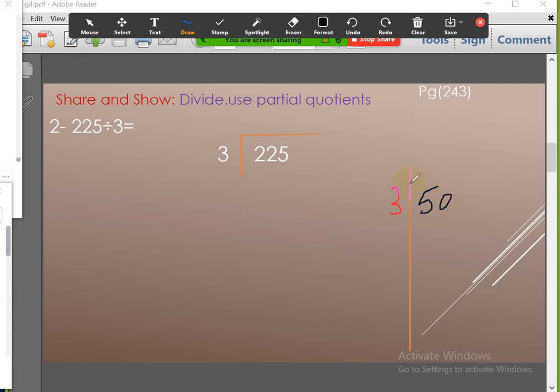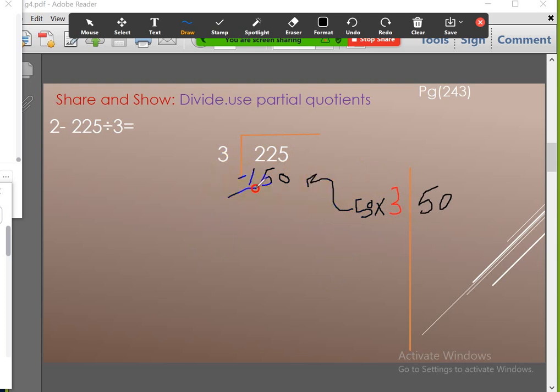Okay. Now I want to multiply 3 with 50. 3 multiply 5 equals 15. So I will put 15 and put 0 next to the answer. So 150. This is the answer for this multiplication.